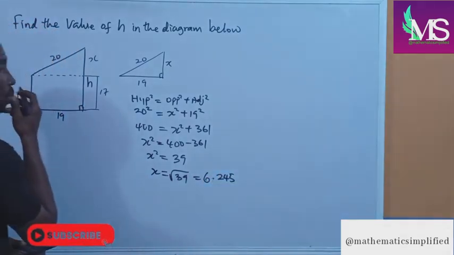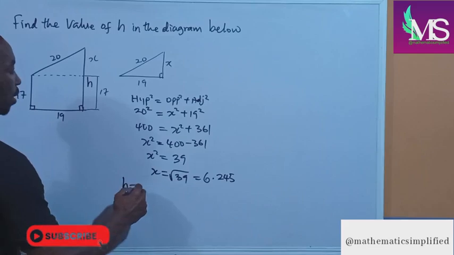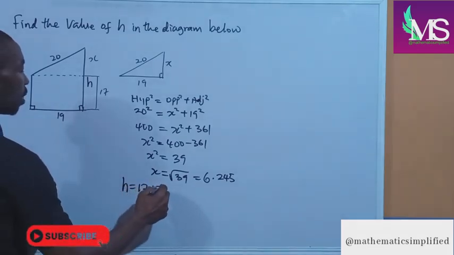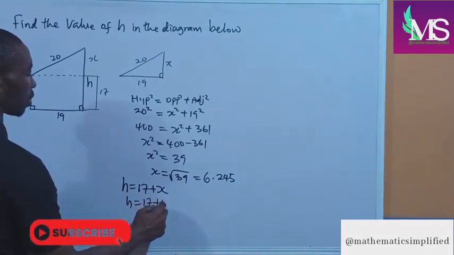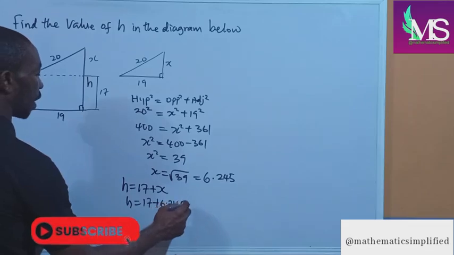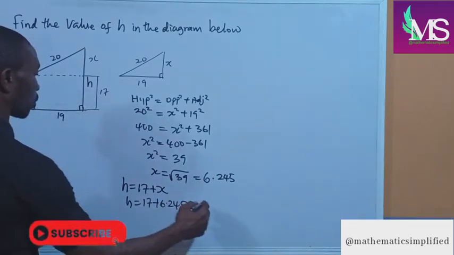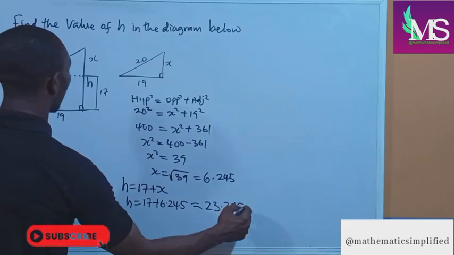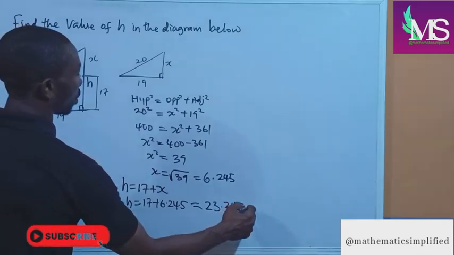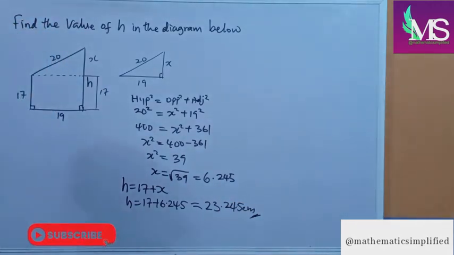Now if x is 6.245, so h will be 17 plus x. So h equals 17 plus 6.245, which will give us 23.245 centimeters.